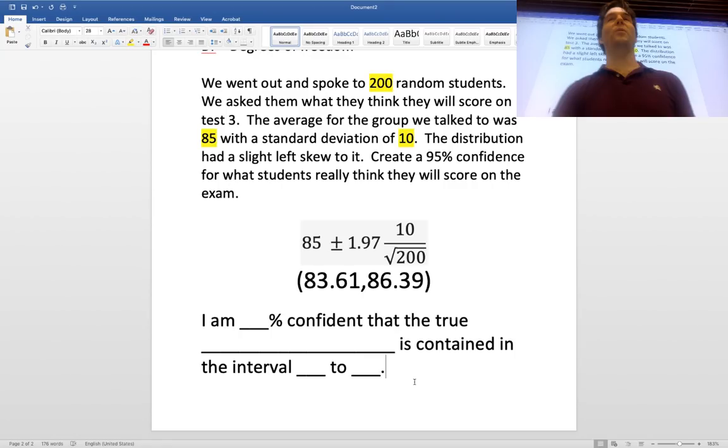Now, condition 3, I did give away condition 3 in this one. Condition 3, we have to pause. And what kind of data are we dealing with? Quantitative data. Condition 3, quantitative data, means we must check the what condition? Nearly normal. The normal enough or nearly normal, called nearly normal.